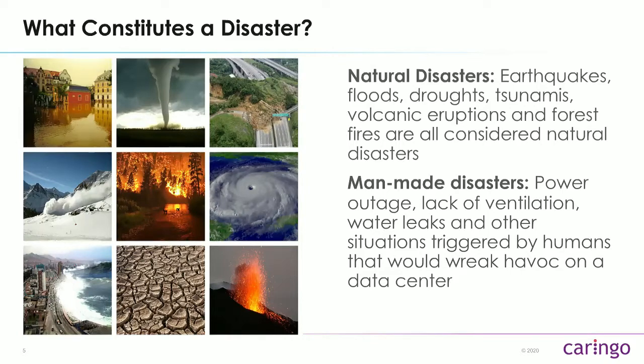And really man-made disasters too. Most often these are power cycles, power outages, water floods. In a previous life, I was at a company where we had a situation like this that was triggered by an employee kicking an electrical plug out of a wall socket. So it can really be a variety of circumstances.